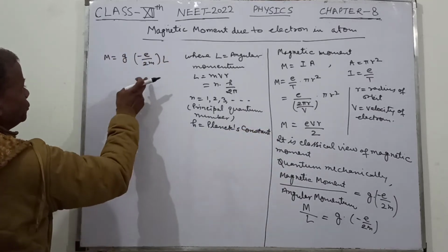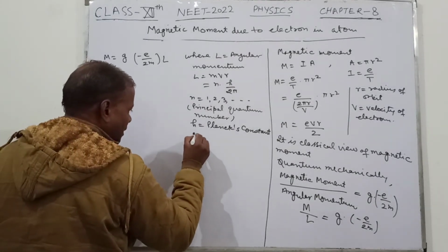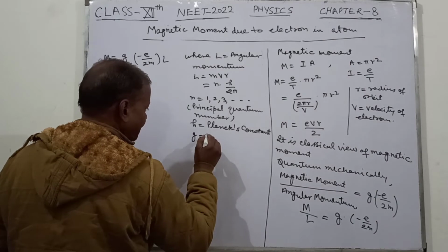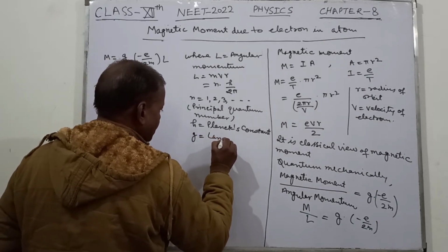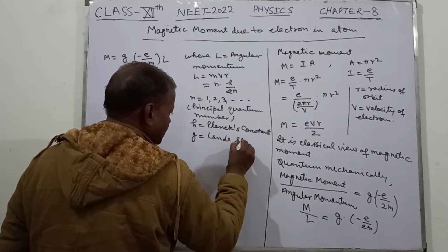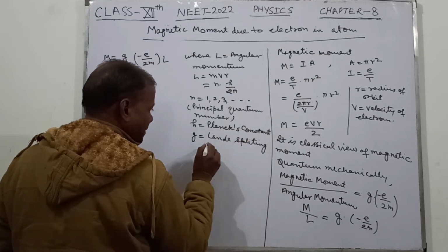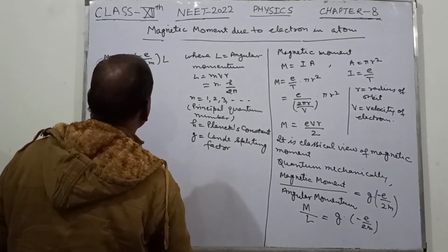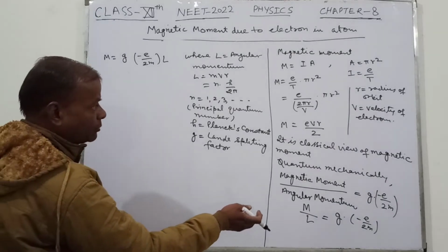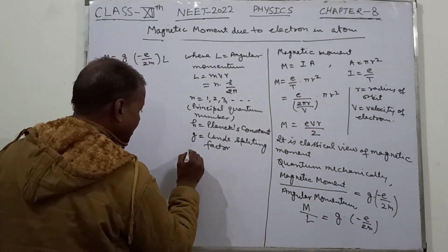This represents the order of the orbits: the first orbit, second orbit, third orbit, like this, and h is Planck's constant. Now this g is called the Landé splitting factor, and m is the mass of the electron.